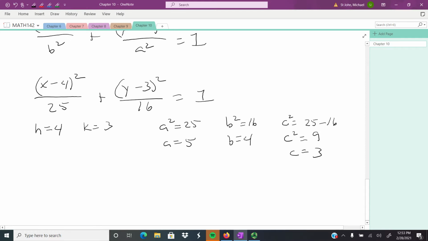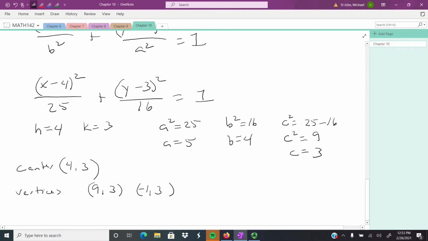In regards to this one, the center is at (4, 3). The vertices are going to be at (9, 3) and at (minus 1, 3).